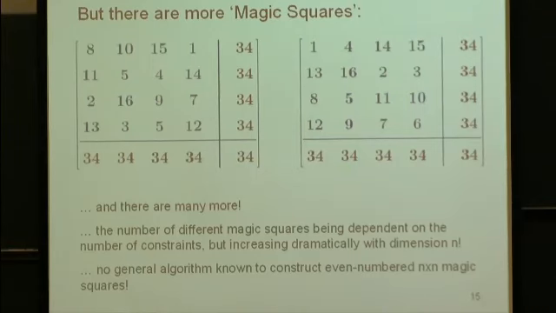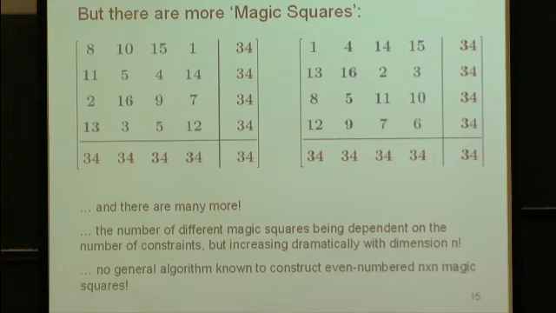So, if you look into the literature, you see that, in fact, I think with 4 by 4 there are hundreds of magic squares already with just these simple 4 by 4 patterns. If you go to higher dimensions, there are thousands or millions of them. So what I want to focus on is, are there any algorithms which can construct the solution which you're looking for? Not to mention that it might be unique or anything like this.